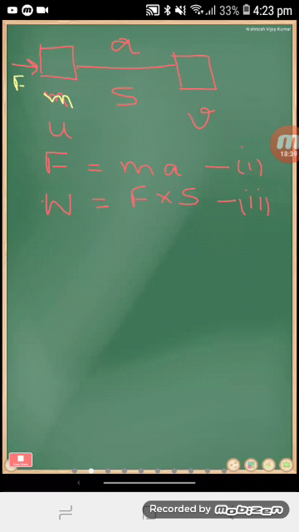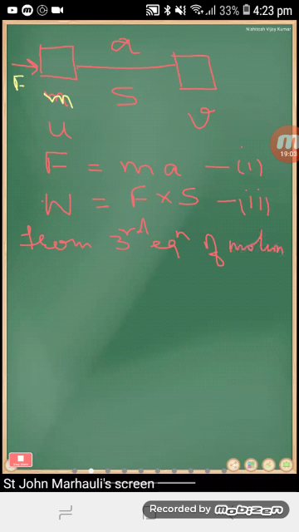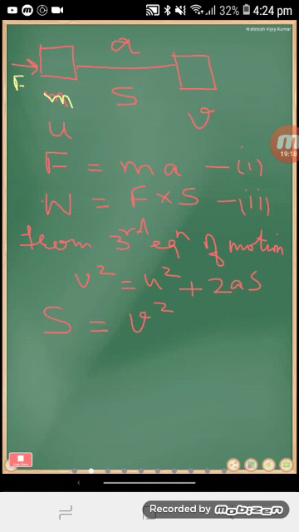Force we already know is equal to m into a, whereas for displacement we use the third equation of motion, that is v square is equal to u square, and since it is acceleration, plus 2as. So from here we get s is equal to v square minus u square upon 2a.